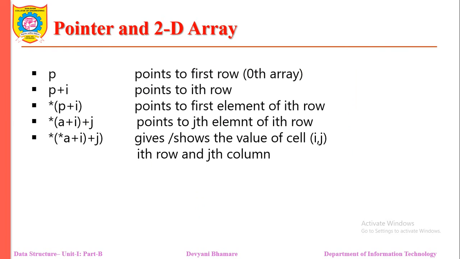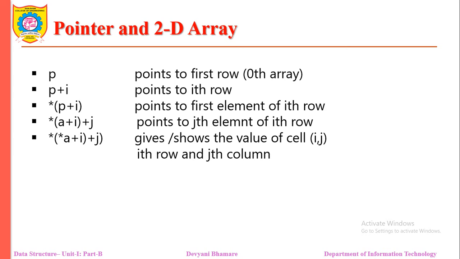So here we can say that p is the pointer which points to the first row. p plus i points to the ith row. When we say value at p plus i, what does it give? It gives us the value of the ith row, but which value? The first value of that ith row.